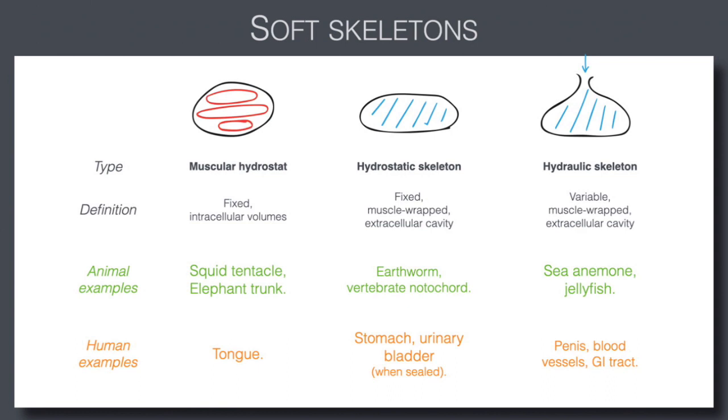So a tongue or an elephant trunk has all these cells that are essentially fixed volumes of fluid, and the muscle fibers then act on that fixed volume. Same thing for the hydrostatic skeleton. Whereas a hydraulic skeleton is more what we see in the sea anemone, it changes its volume because it inflates. And same thing for a jellyfish, for example.